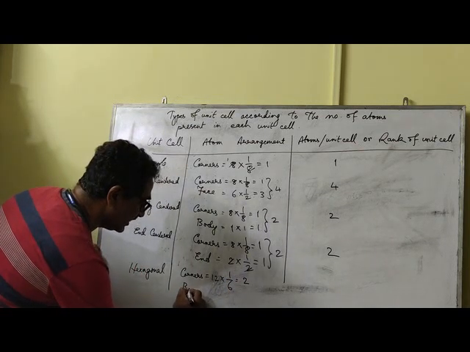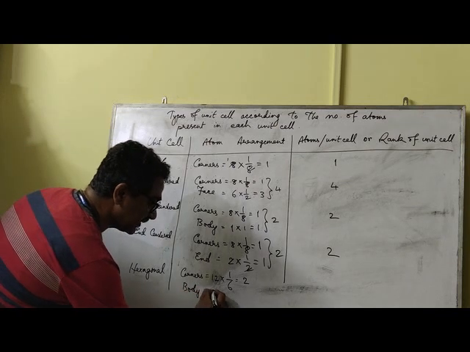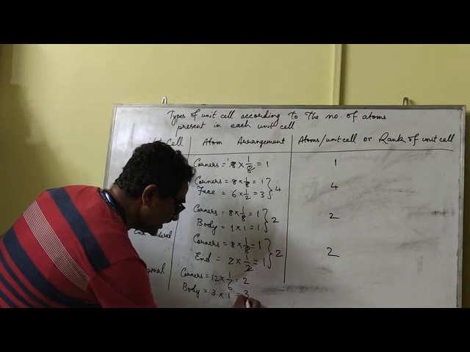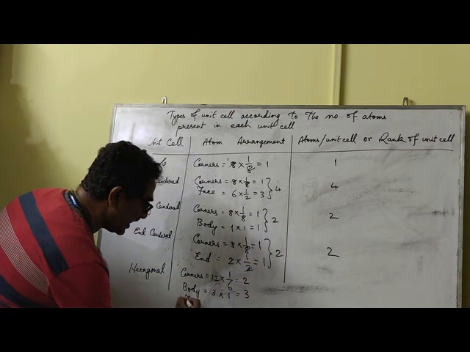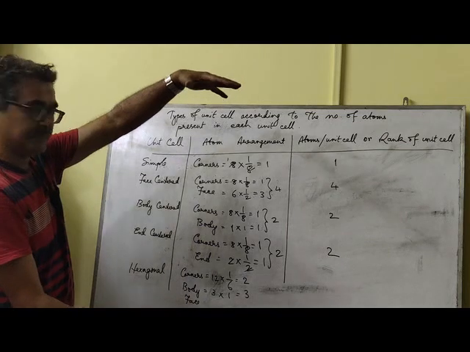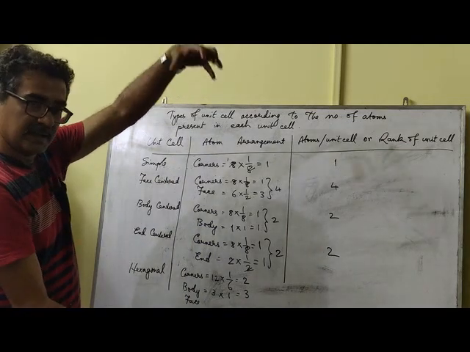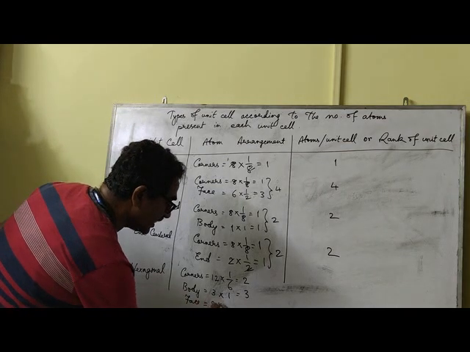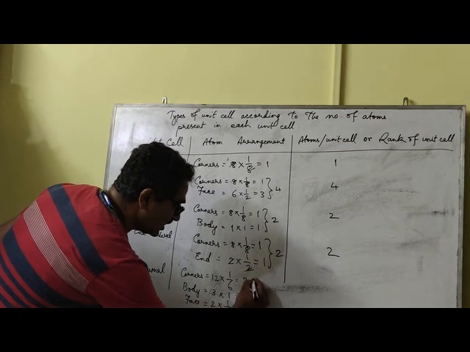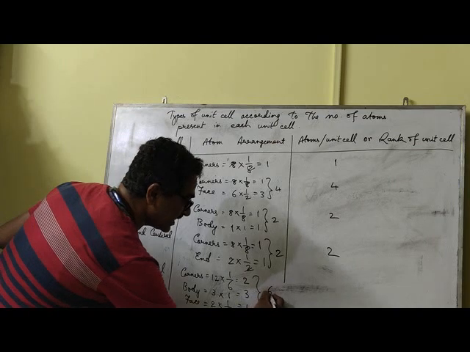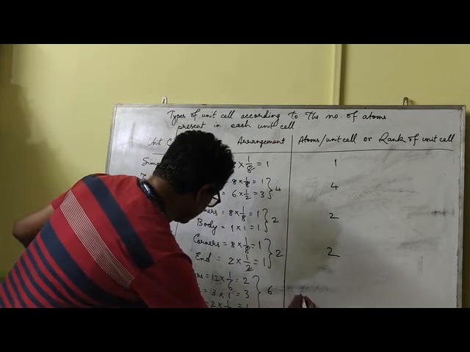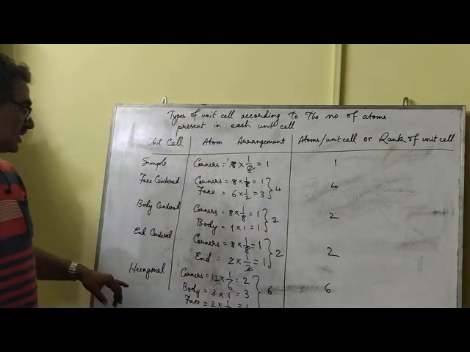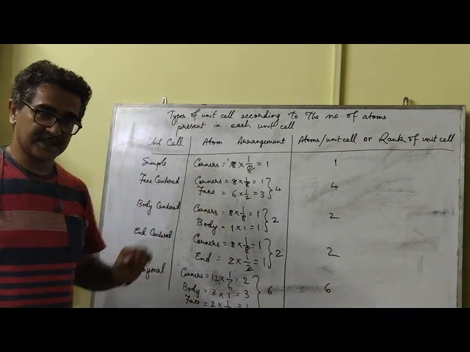Then inside the body we had 3 entire atoms inserted, so we have 3 atoms over here. Then at the face, the 2 opposite facing places where half of the spherical atom is inserted. So 2 into half, we get 1. So total we have 6. So the rank of this kind of unit cell, that is hexagonal unit cell, is 6.